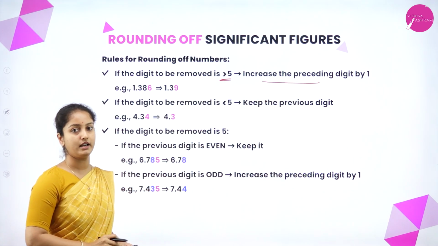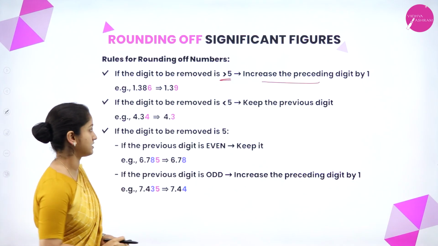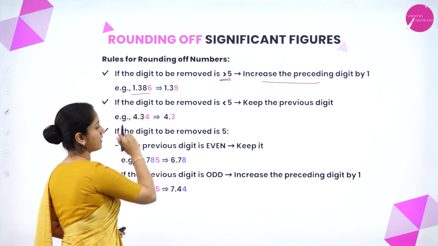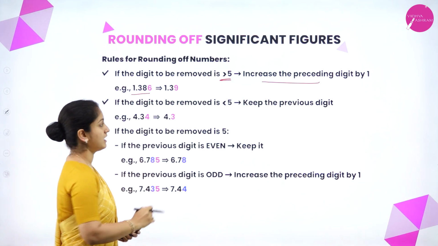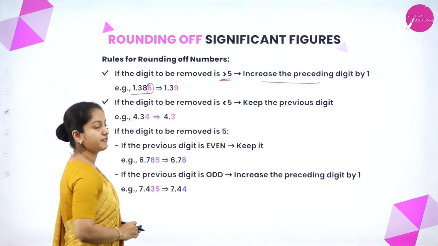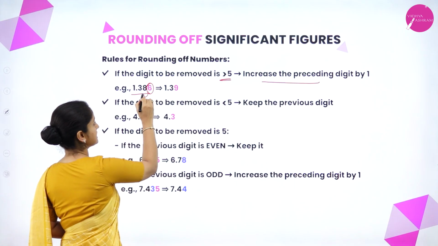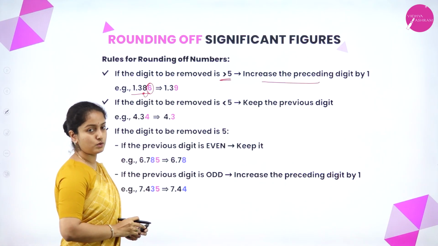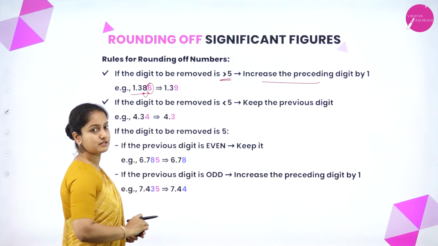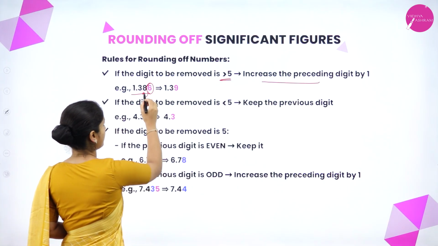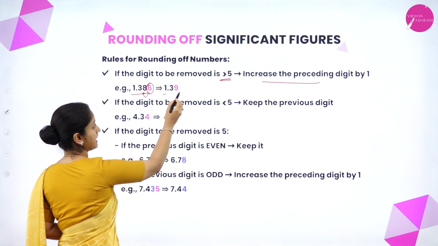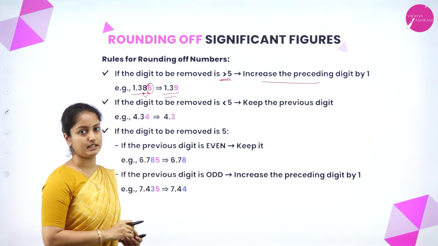That means you have to add 1 to the preceding digit. Here in the example 1.386, 6 is greater than 5. So that has to be removed and the preceding digit is 8. What does the rule say? You have to increase the preceding digit by 1. Upon adding 1 to this 8, the answer becomes 1.39.